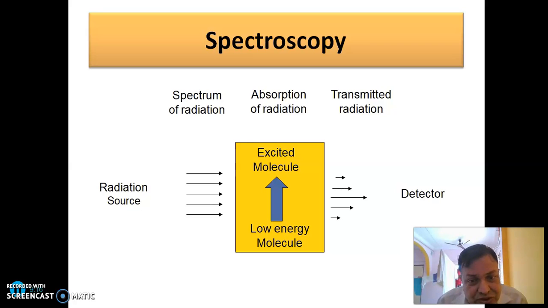That radiation source gives the radiation, and that radiation interacts with the matter in the sample holder. The sample is present, and after the interaction, the transmitted radiation is detected by the detector, and that interaction is recorded in the recorder.